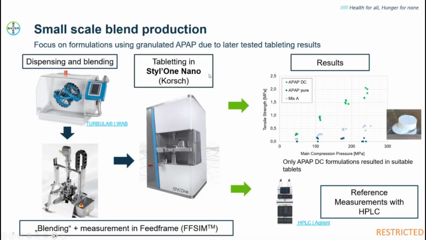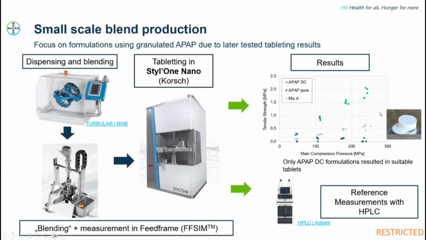We took the blends and used it on a Style 1 Nano to get tablets out, and then we tested the tablets in terms of physical characterization. So, for example, main compression pressure and tensile strength. And additionally, we also gave it into reference analysis using HPLC.